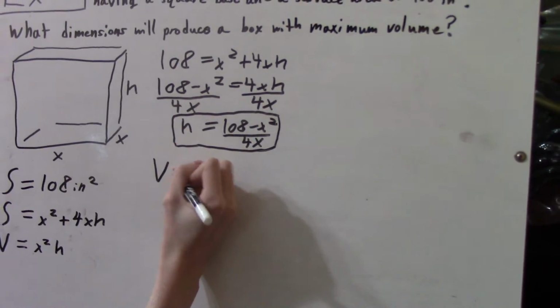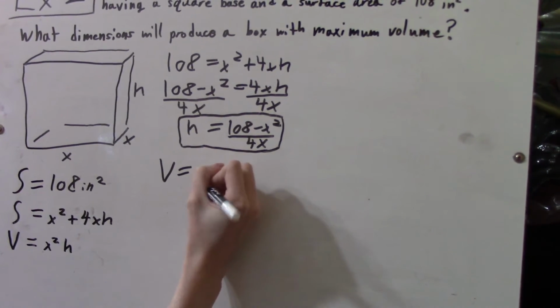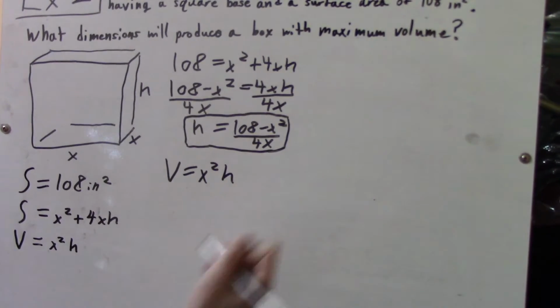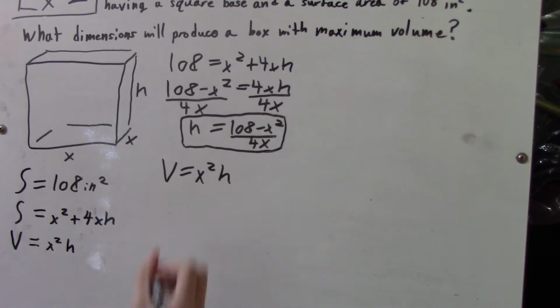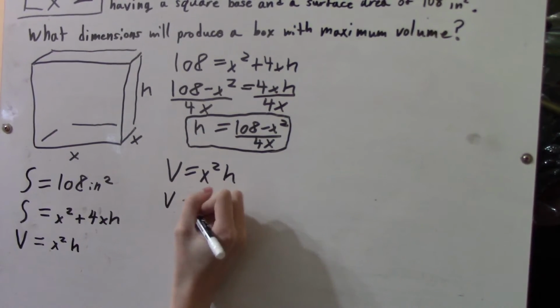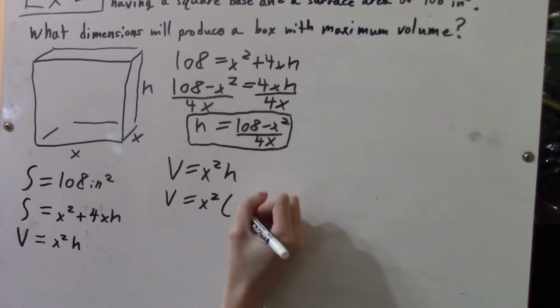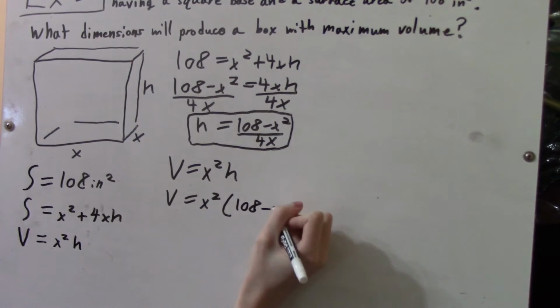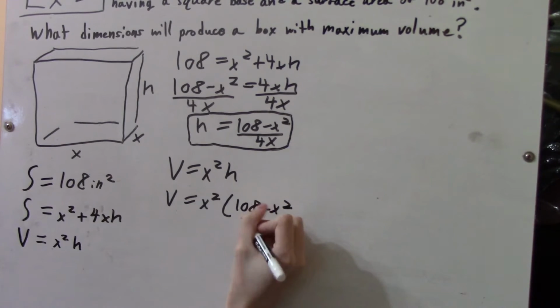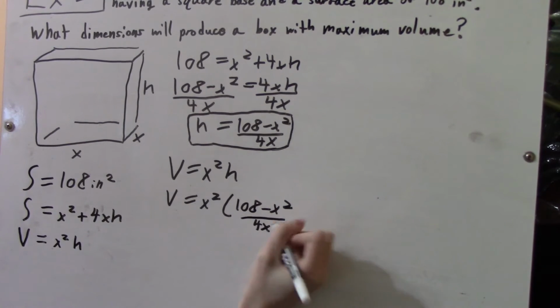Plug that into our volume formula, x squared times h. So it would be x squared times 108 minus x squared over 4x.